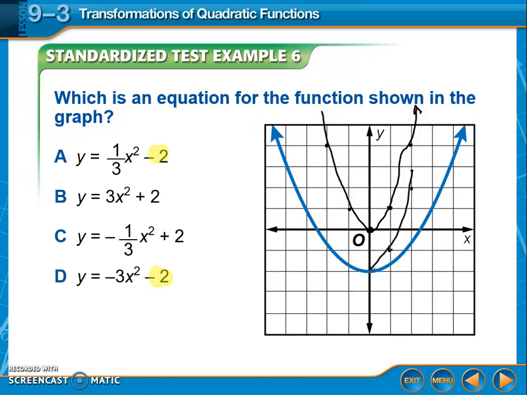So this got wider. That's like a compression, which means that the A value had to be between 0 and 1. So that means that I was looking at either this one or this one. But because it's opening upwards, it's going to be positive. So it's going to be A. And it has both of those transformations also. So my answer for this is 8. And that's the section.